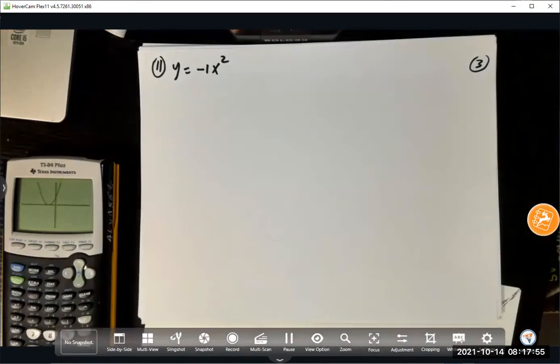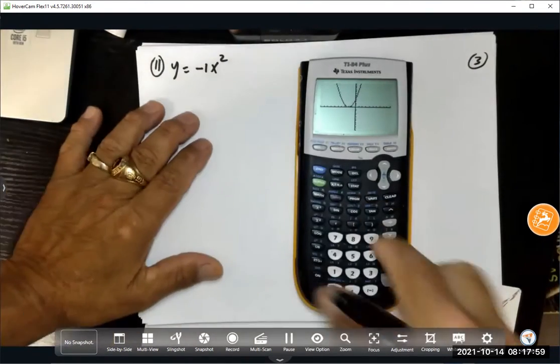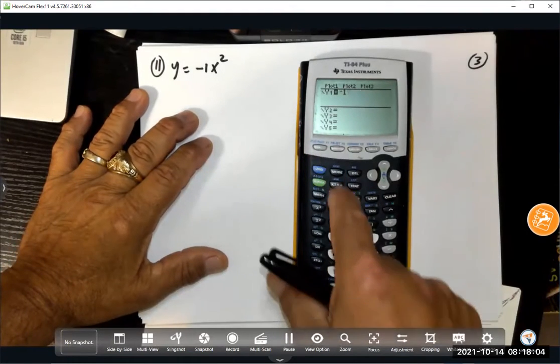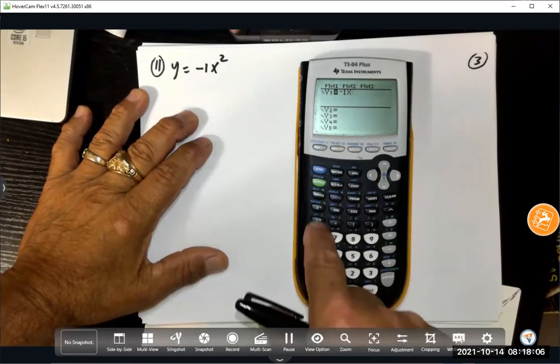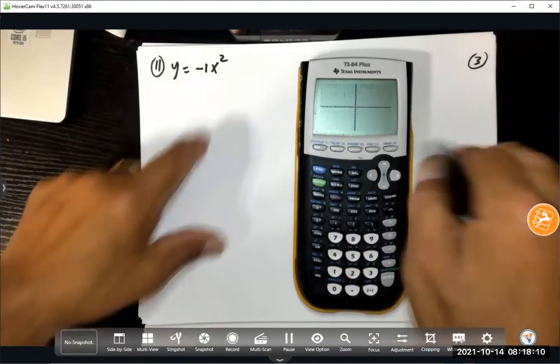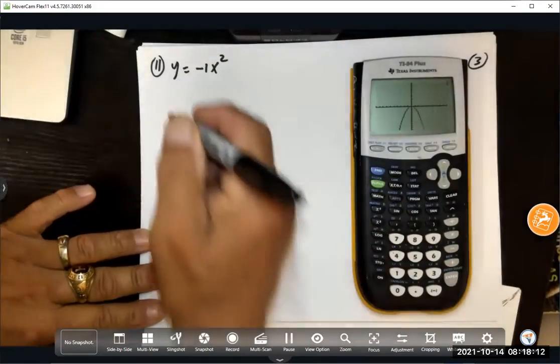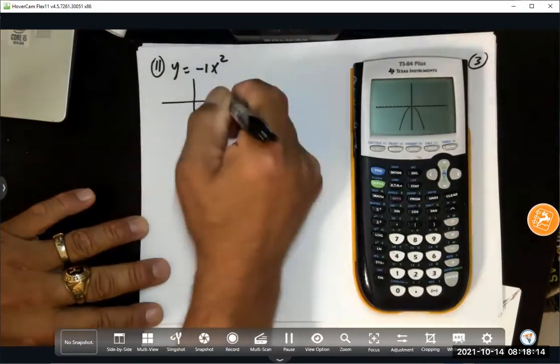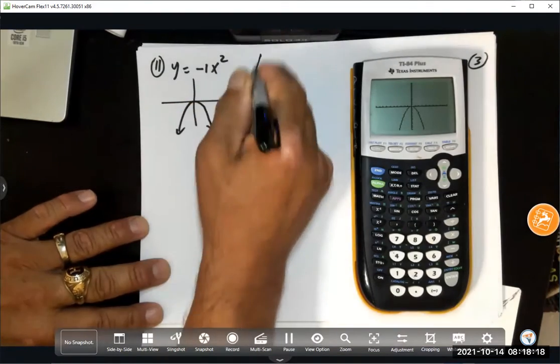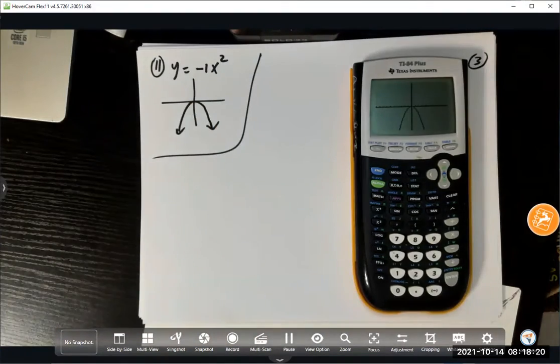Let me do it right on my machine. Y clear, -1x squared. There it is. Ready? Hit graph. Okay, so what I got is a graph that goes upside down, yes or no? Yes. So the negative in front of it just pushes it upside down.